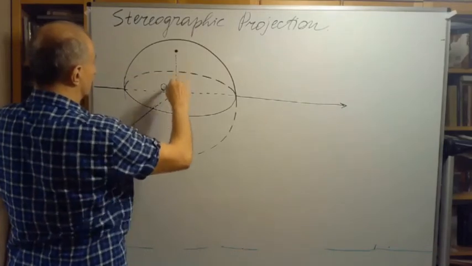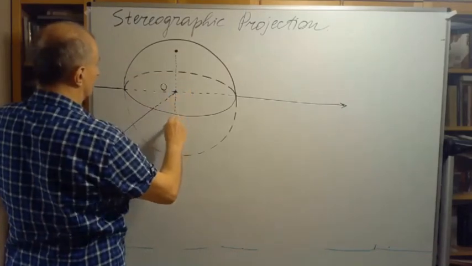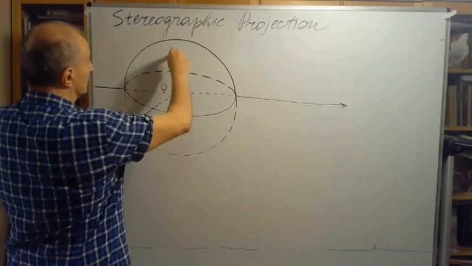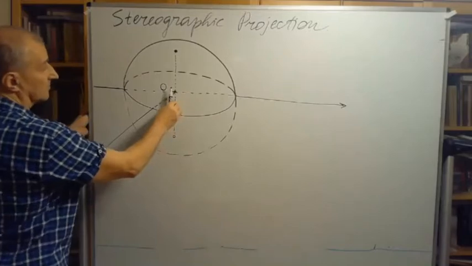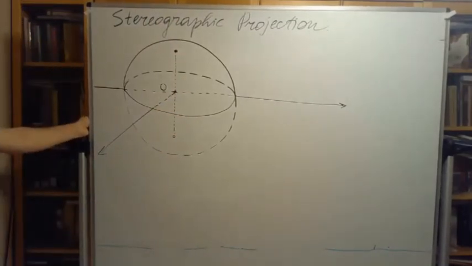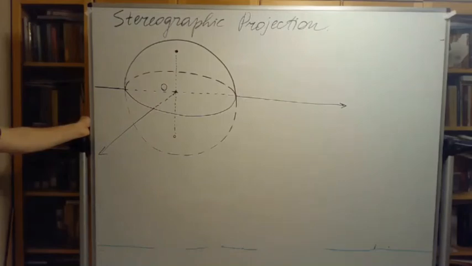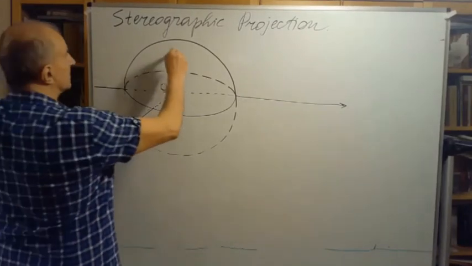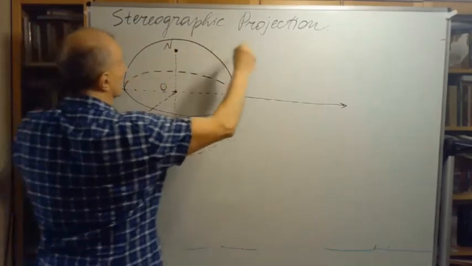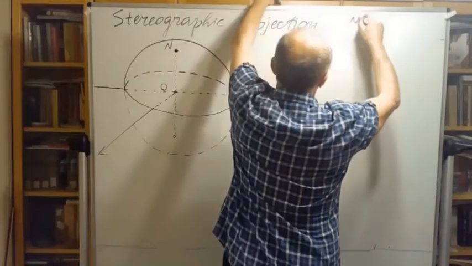And now there is a third axis. There is a third axis that penetrates through the sphere, that pierces the sphere at the top point, and this top point we will call N. N is the north pole.